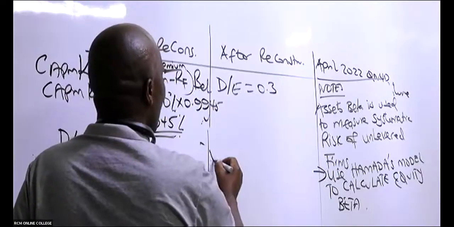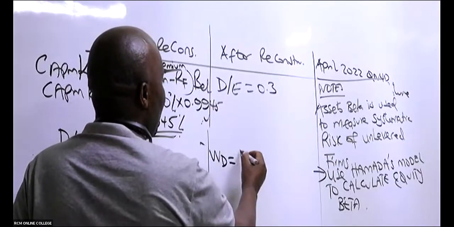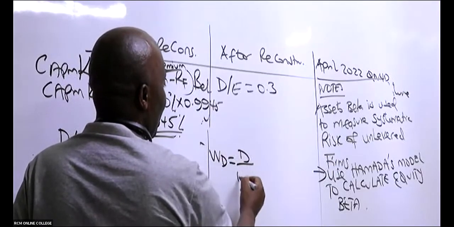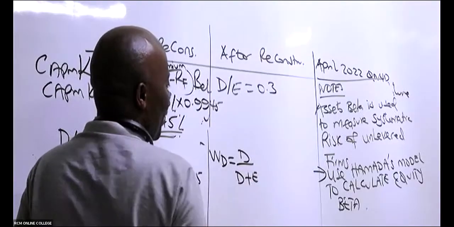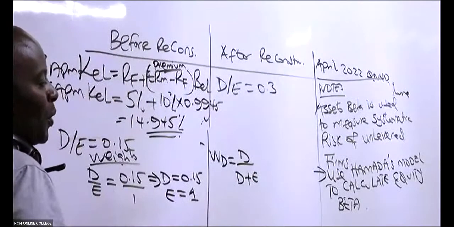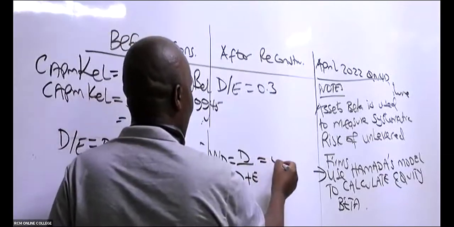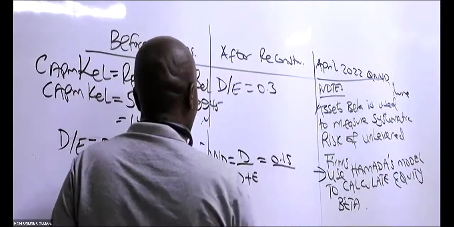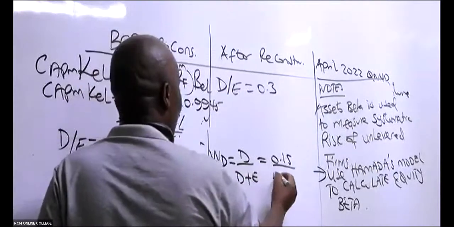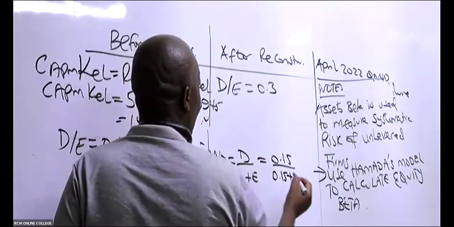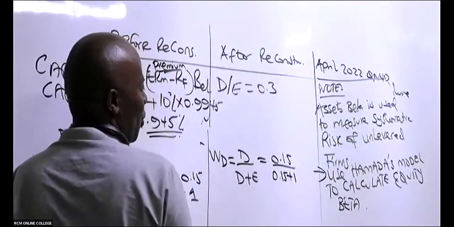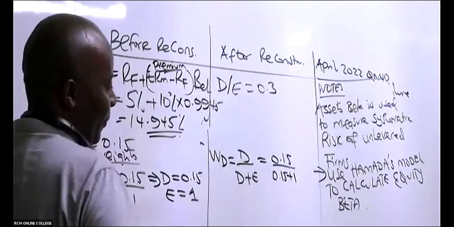So then what is the weight of debt? We know that weight of debt will be debt over debt plus what here, somebody? Equity. So the debt here is 0.15, all over debt itself again, which is 0.15, plus equity, which is 1. So could you kindly give me this weight of debt?